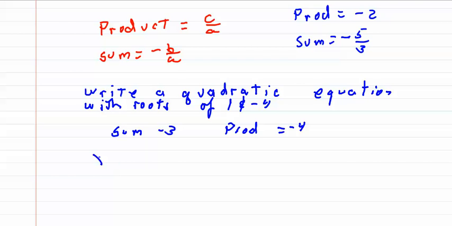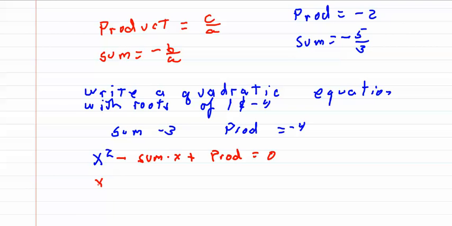My equation then will be x squared minus the sum of my roots times x plus the product equals 0.